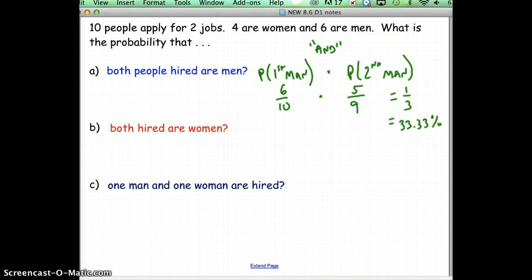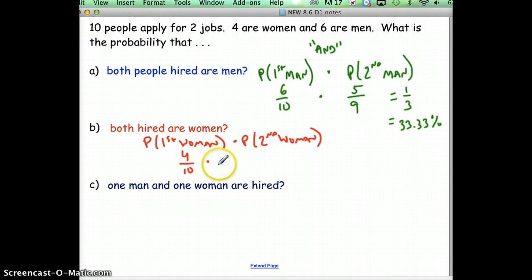Okay, the probability that both are women. So that would be the probability that the first person is a woman, and so multiply the probability that the second is a woman. The first being a woman, well, there's 4 women out of 10.